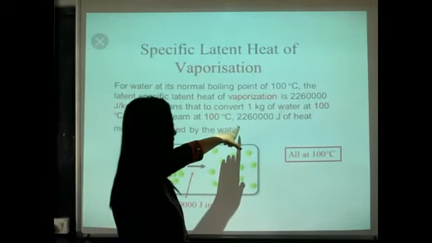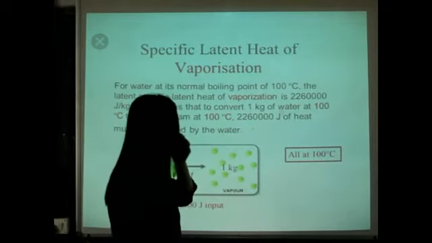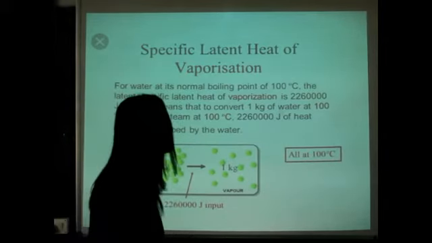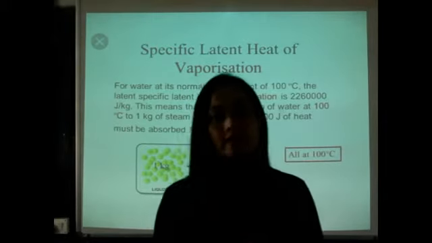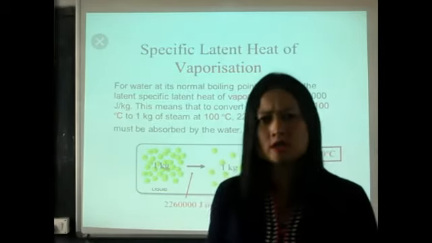It is 22,60,000 joules of heat. So to convert 1 kg of water into vapor at 100 degrees Celsius, how much heat do you require?